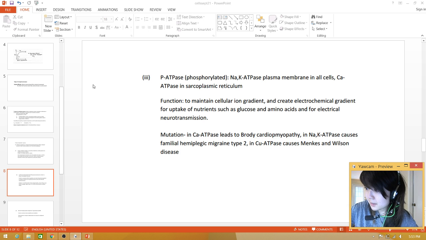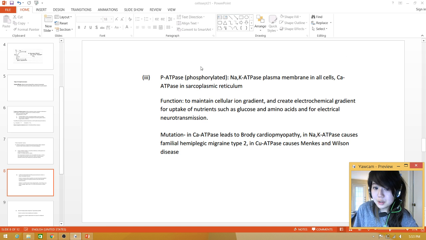The third type is the P-ATPase, which functions to maintain the cellular ion concentration. NKA is normally found on the plasma membrane and can drive molecules to be transported, such as sugars.